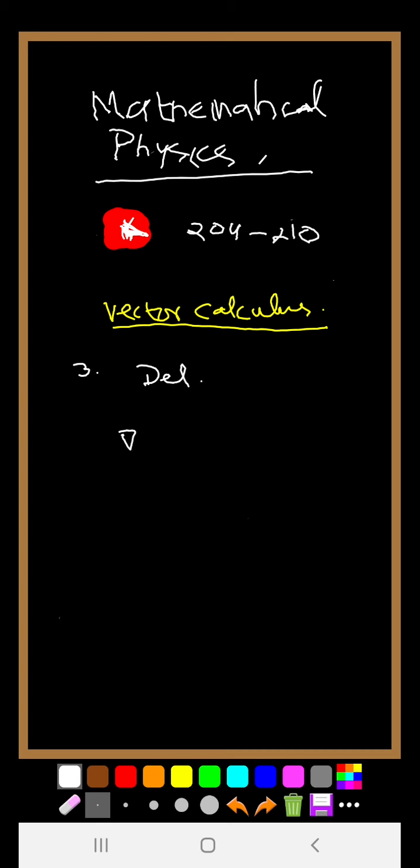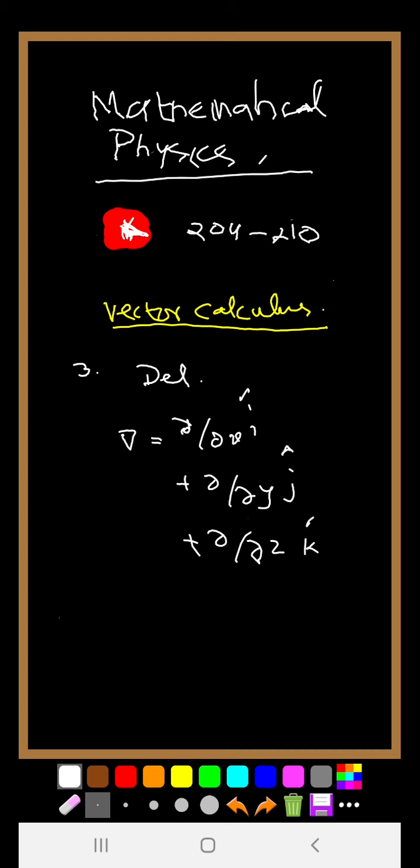It is represented as del by del x i plus del by del y j plus del by del z k, and we have a gradient based upon that.